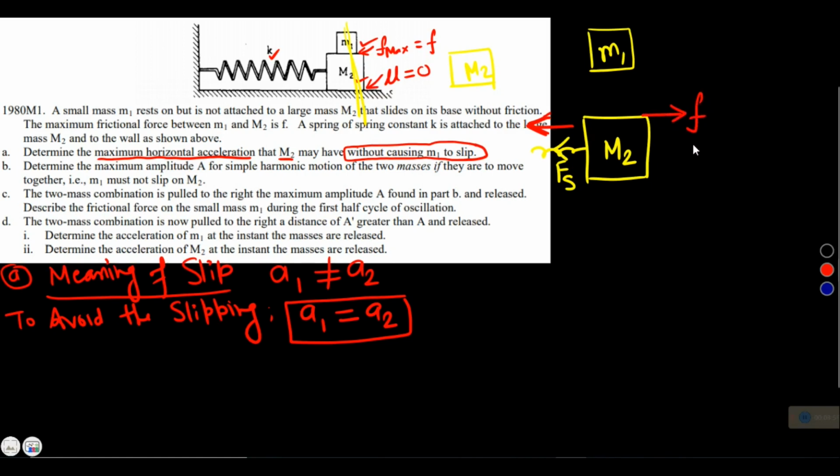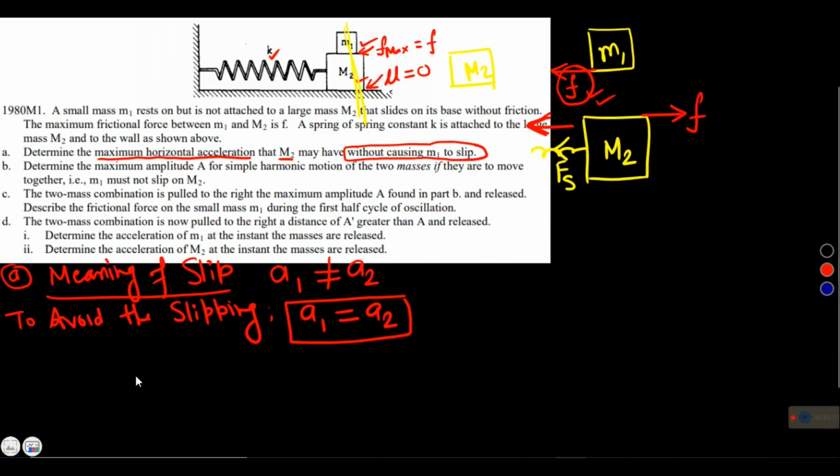On the contrary, the friction on the m1 block will be towards the left side. This friction is that force which enables m1 to go in the left direction along with m2, right? This friction force is responsible for m1 to go in the left direction.